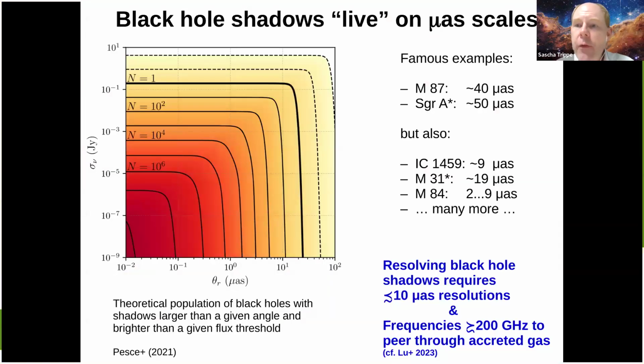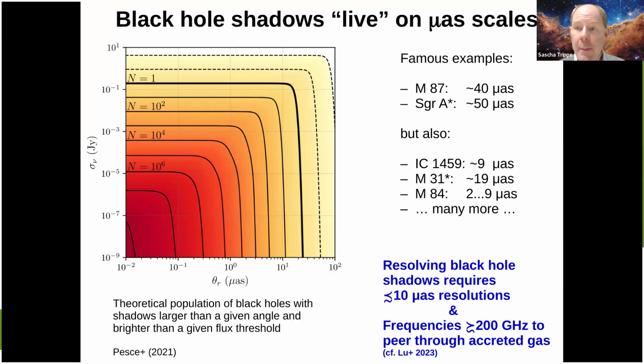This was specifically for two sources, M87 and our own Milky Way. We could only do this because these are by far the largest sources on the sky in terms of angular diameter. For M87 and Sagittarius A star, the angular diameter on the sky is about 40 to 50 microarc seconds.